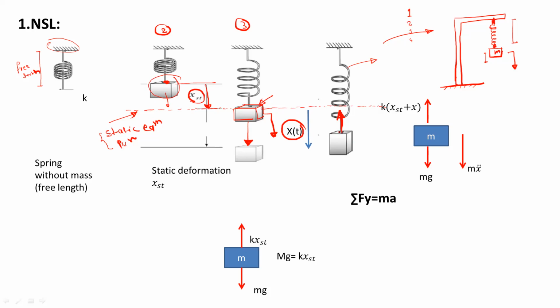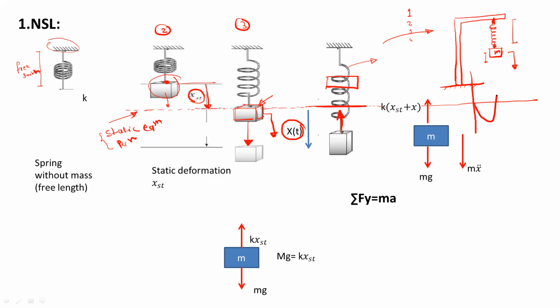So this mass will continuously oscillate about this position. This is the static equilibrium position. If you plot the waveform, you should plot it by taking this as the reference axis. Initially, if the mass is moving in the downward direction, you will get the waveform like this.